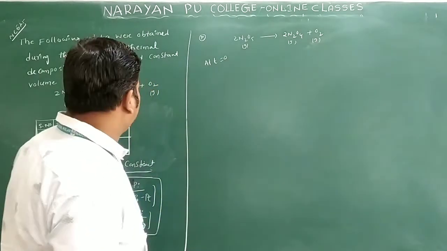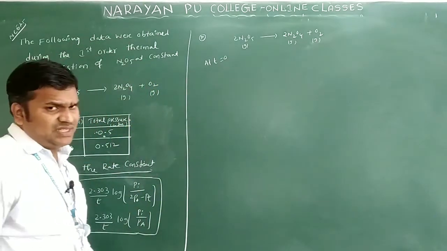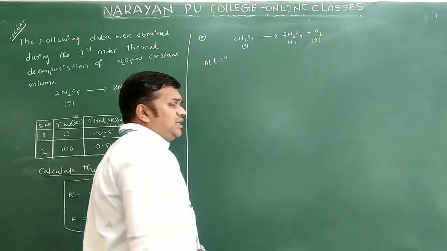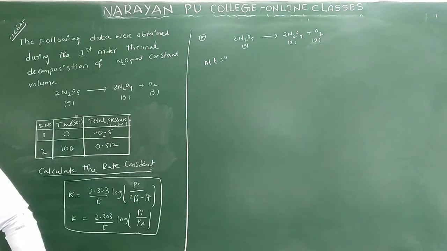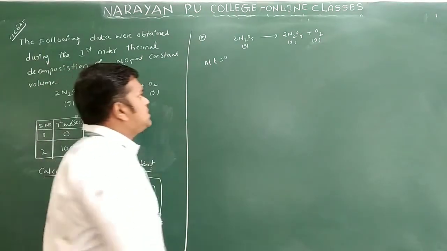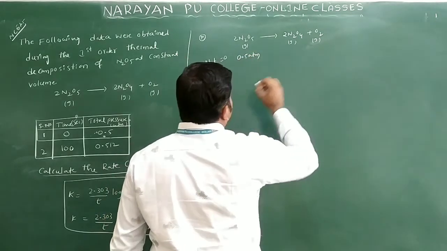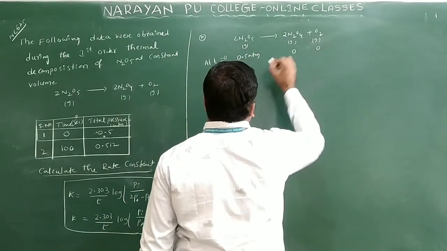At t equal to 0, the initial concentration of N2O5, that is the pressure, is given as 0.5 atmosphere. The others are 0 and 0.